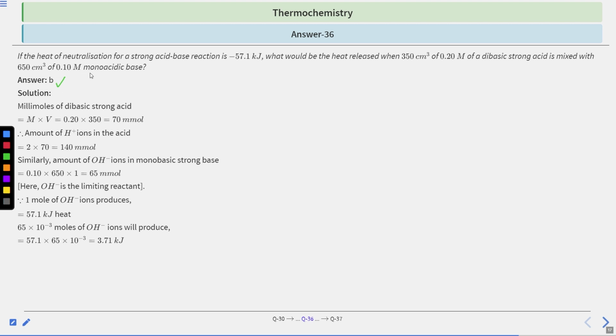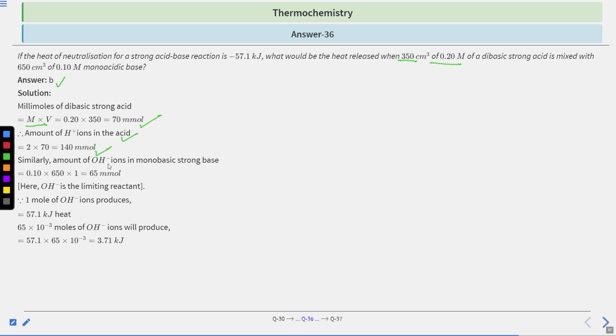So we have given molarity and volume in the question, so we apply this formula. For the millimoles of dibasic strong acid, M into V, that is 0.20 into 350, which comes out as 70 millimole. Therefore, the amount of H plus ions in the dibasic strong acid will be twice of 70 millimole, so it will be 140 millimole.